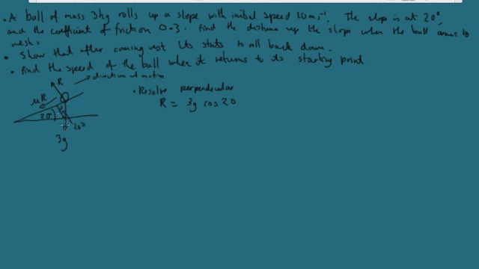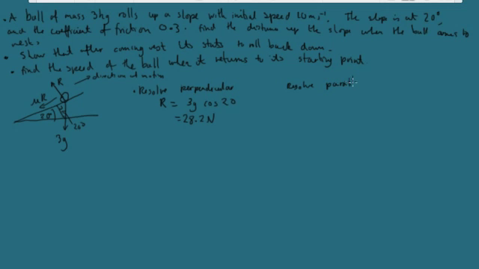This is our 3g, and it's this part here which is perpendicular to the slope that we're interested in. So it will be 3g cosine 20, and that will equal our normal contact force, which must equal 28.2 newtons.